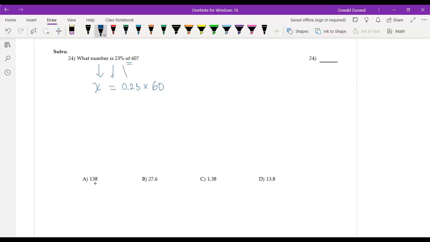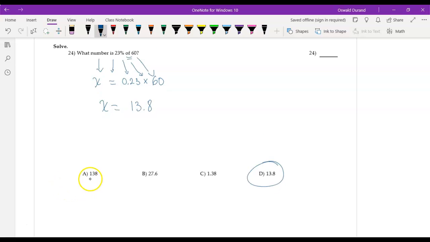That's the translation. Mathematically, all you have to do is solve for x, right? So 0.23, let me use my calculator. 0.23 times 60 is 13.8, and that is it.